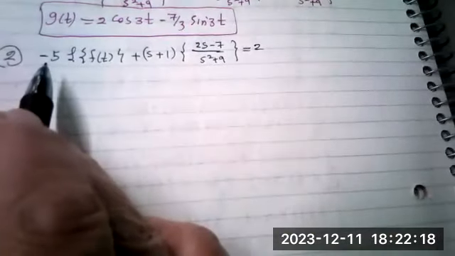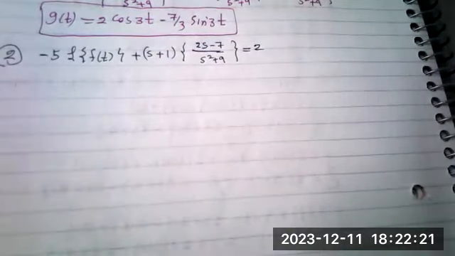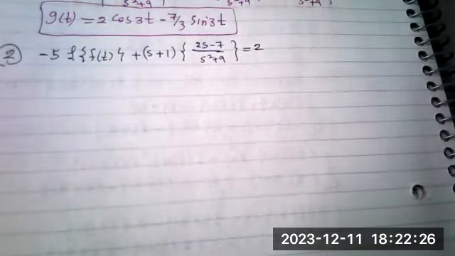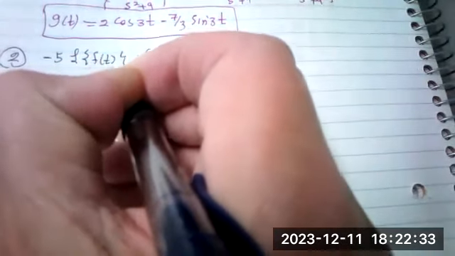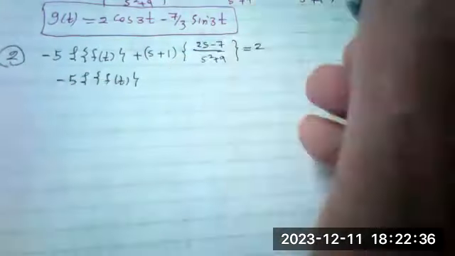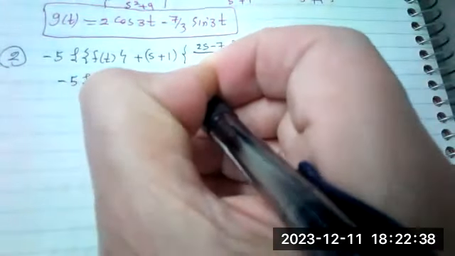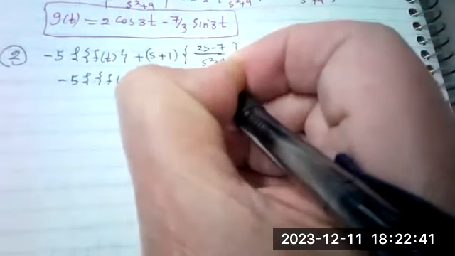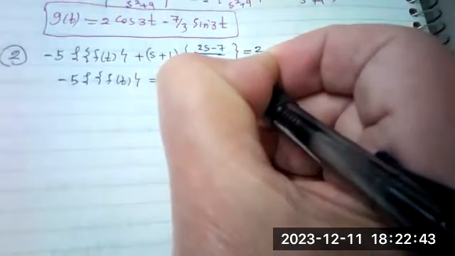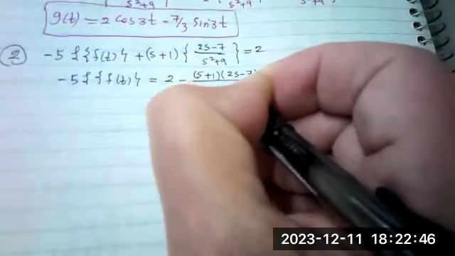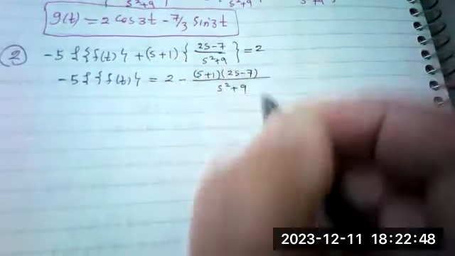Now you simplify the rest, that's going to be algebra. I picked this one because the coefficient is -5. If you pick the other one with the coefficient s minus 1, you'll be in trouble recovering the f of t. So this is -5 Laplace of f of t, and we move everything to the other side. It's going to be 2 minus s plus 1 times 2s minus 7 over s squared plus 9.